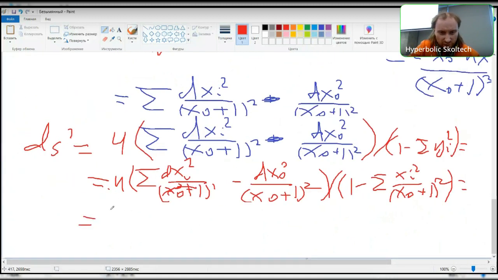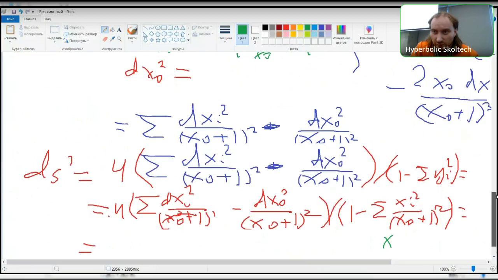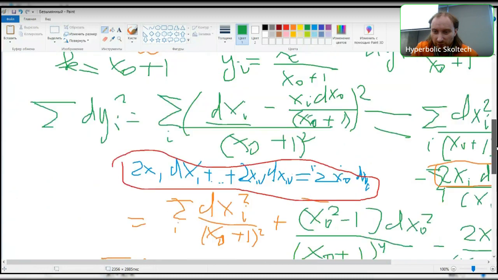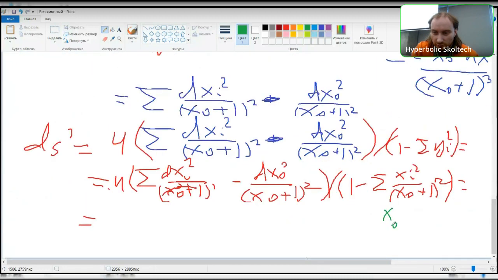So this is actually x0 squared minus 1 divided by x0 plus 1 squared. So 1 minus, yeah.